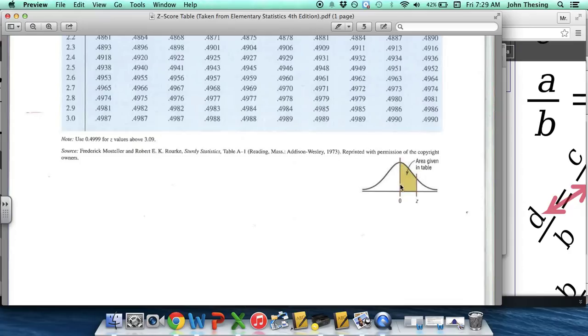Well, if your data is perfectly normally distributed, this would be 50%. So you always have 50% to the left and 50% to the right. And this makes sense that this yellow area takes up 43.57 of the total 50% under this whole curve over here. So the answer would be that I would be in the 93.57 percentile if I had a z-score of 1.52, because you take 43.57 and add it to 50, and that gives you the percentile.